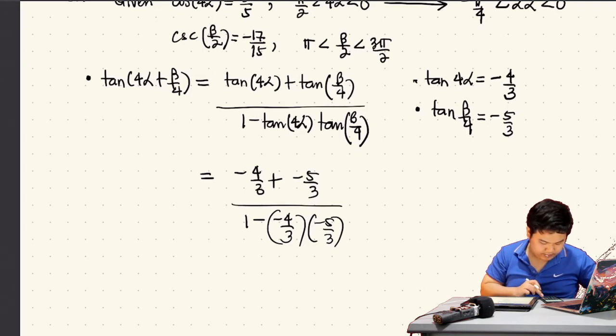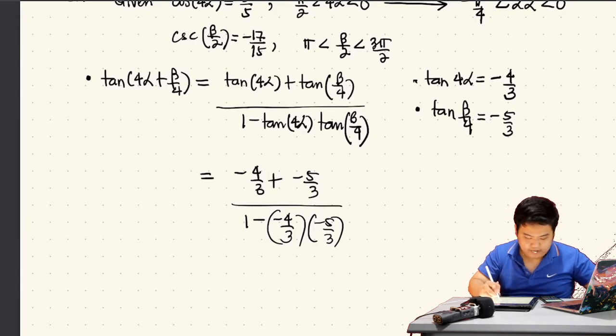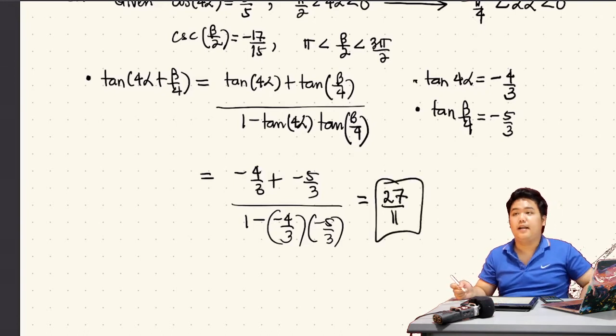Of course, manually. Okay, so negative 4/3, negative 5/3, 1 minus. Okay, so ang answer daw is 27 over 11.